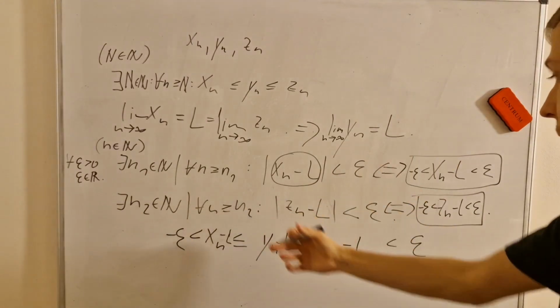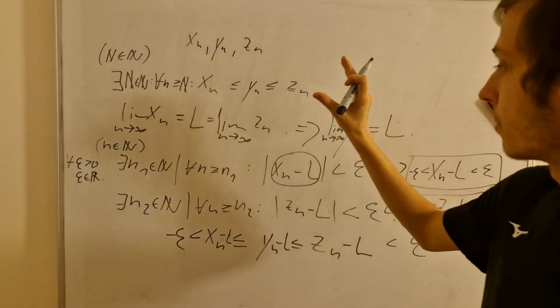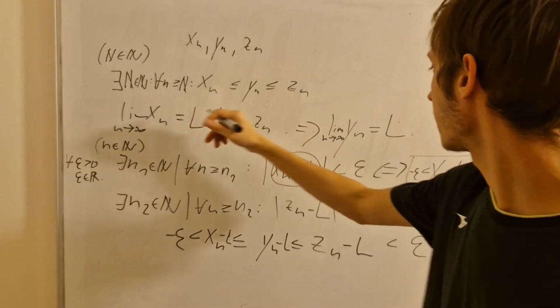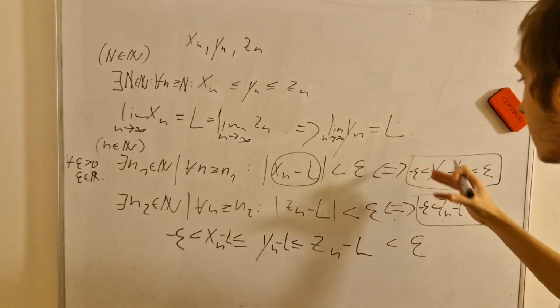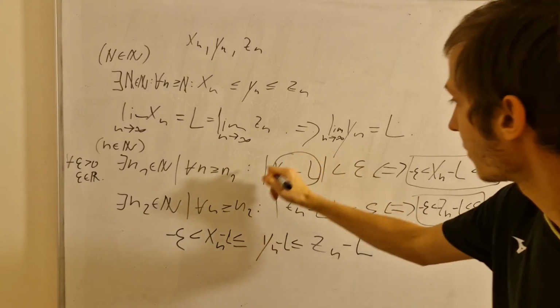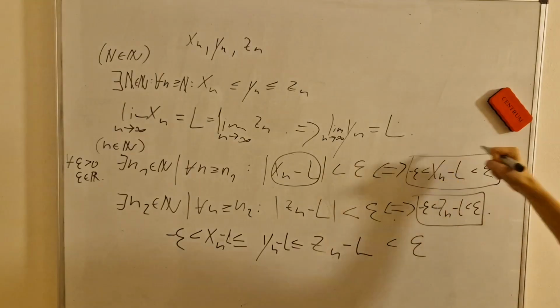But here we have a direct proof for it. We directly showed it by manipulating this expression, because we got the explicit limit definition for these two sequences, and that told us that if we have an absolute value, xn minus L should be smaller than epsilon, and that could be written as such.